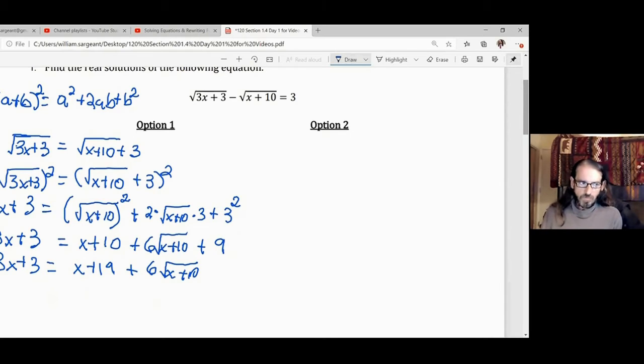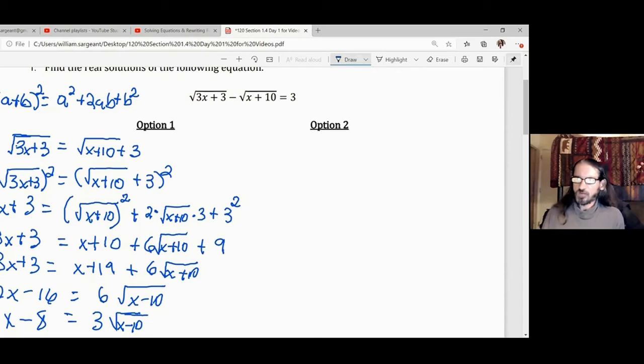Continuing to combine like terms, 3x minus x, 3 minus 19. You don't have to do the following, but everything that's outside of a square root is even, so I'm going to divide them by 2. And we've almost got that single square root isolated.